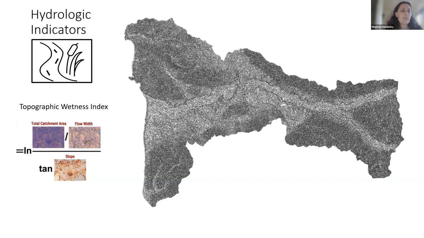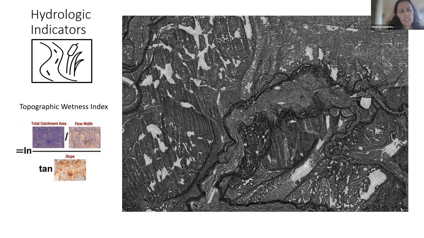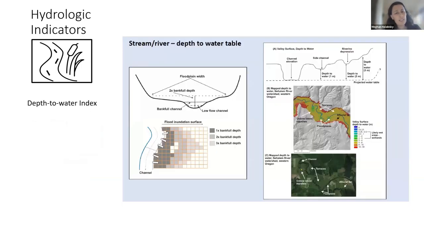And the hydrologic indicators model different hydrologic processes, like the topographic wetness index can be used to identify where surface water flows and is held, finding those really good depressional wetlands. Another one called the depth to water index can help serve as a proxy for groundwater fed wetlands by trying to interpolate the groundwater surface using different expressions of water across the landscape.